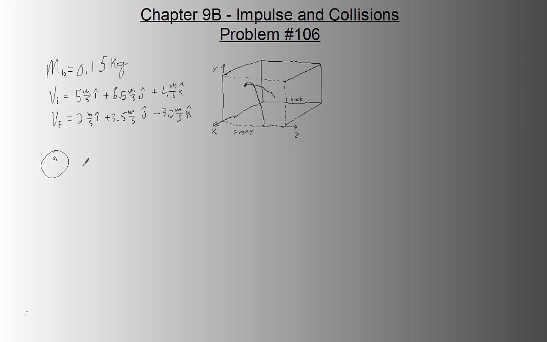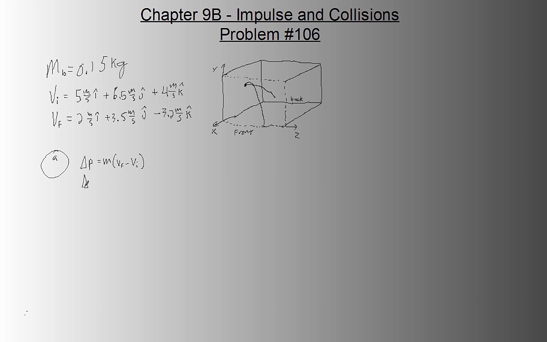Delta P. So literally I drew the A while looking at the screen, then I went and looked down at my paper while drawing the circle, and somehow it got really big. Delta P, change in momentum, impulse is m times v final minus v initial in general.